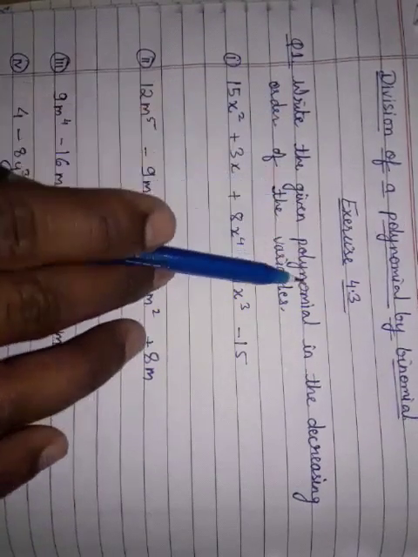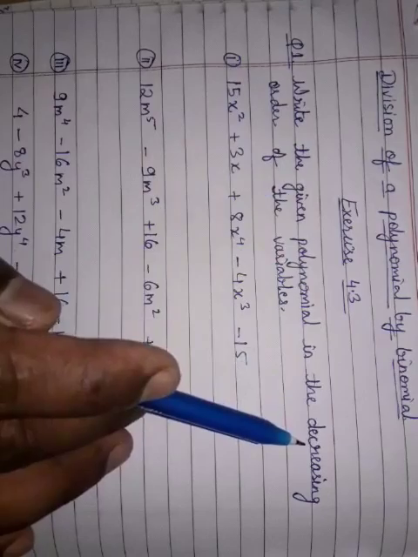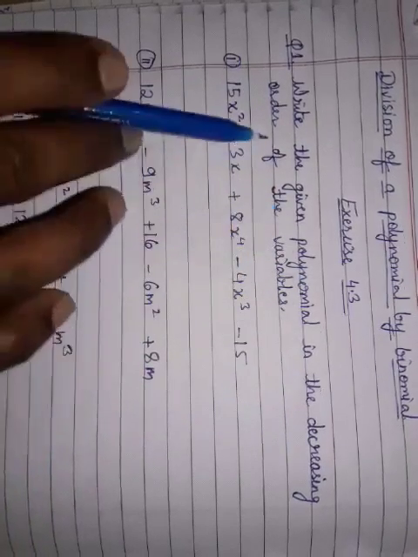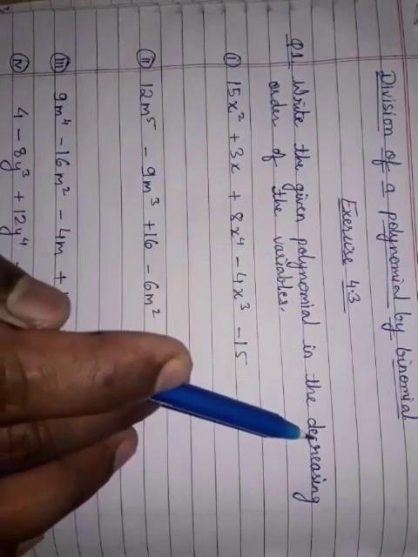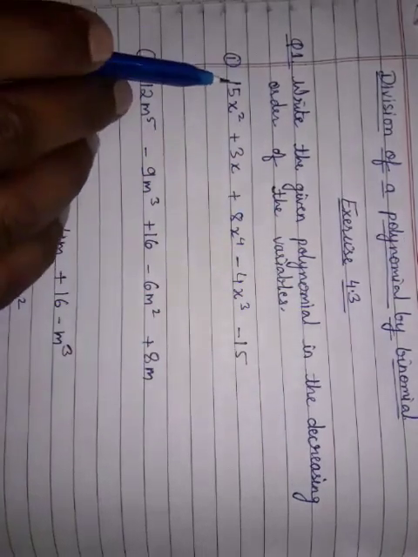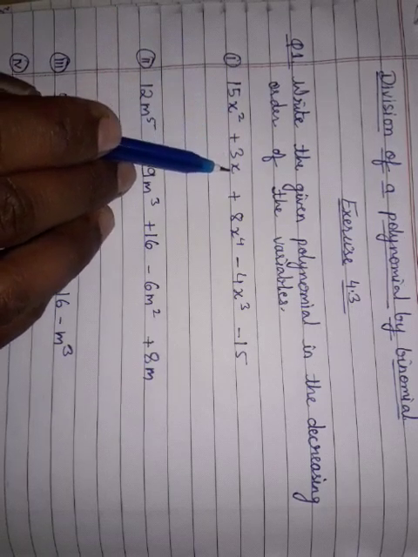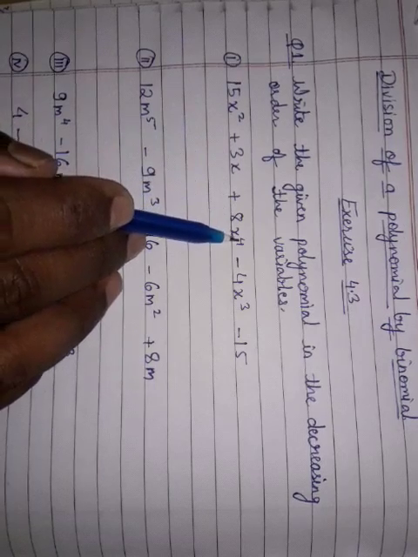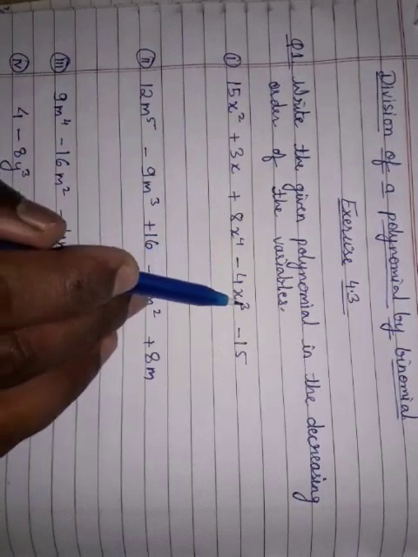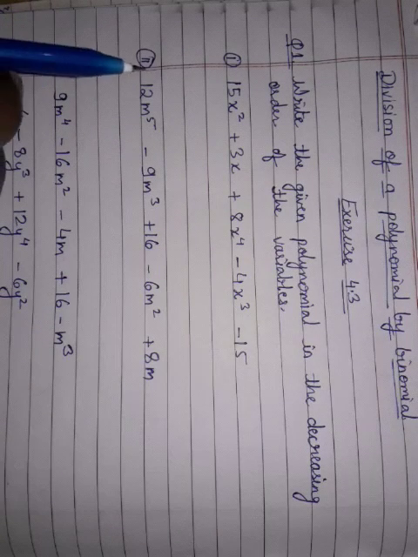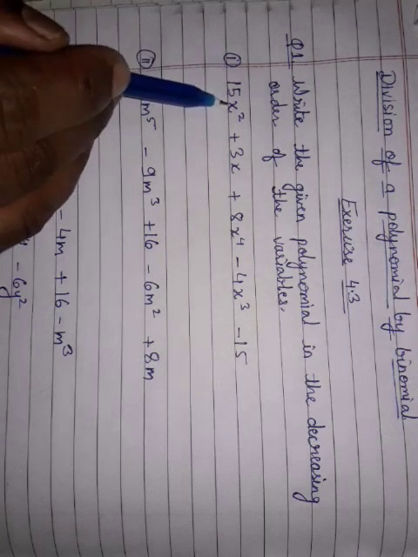Write the given polynomial in the decreasing order of the variable. First we have to make the variable in decreasing order. See here, the first question: 15x square plus 3x plus 8x power 4 minus 4x cube minus 15. First we have to see what the variable is.